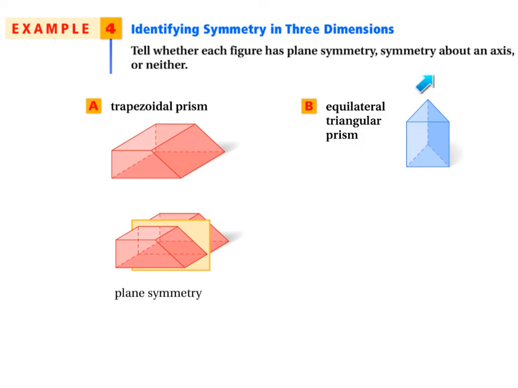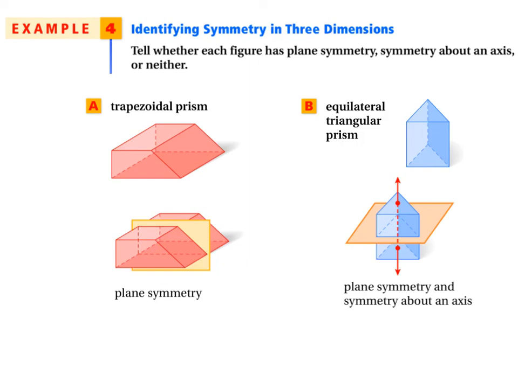Which means, can I draw an axis anywhere that if you spun the axis, this prism would be rotated upon itself? As you can see, here's the plane symmetry, and the symmetry about the axis shows you where you have a line of symmetry. We can spin it or twirl, and by that I mean we're going this way or the other way. We can spin it so that prism will land upon itself.